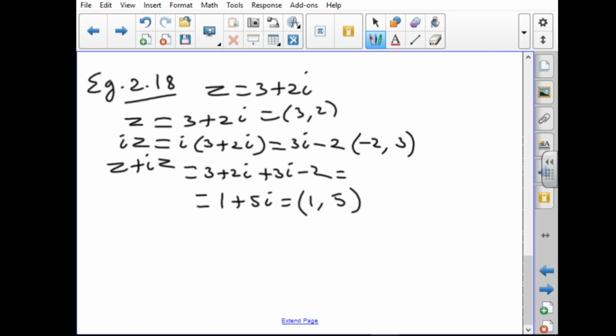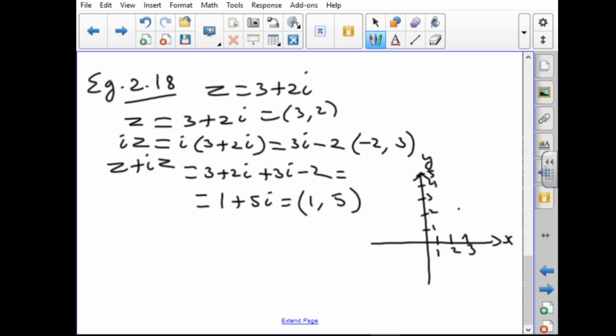Now plotting this on the rough diagram. The real axis is the x axis and the imaginary axis is the y axis. So, (3, 2): 1, 2, 3, and 1, 2, 3, 4, 5. The first one is (3, 2), so we take it here.